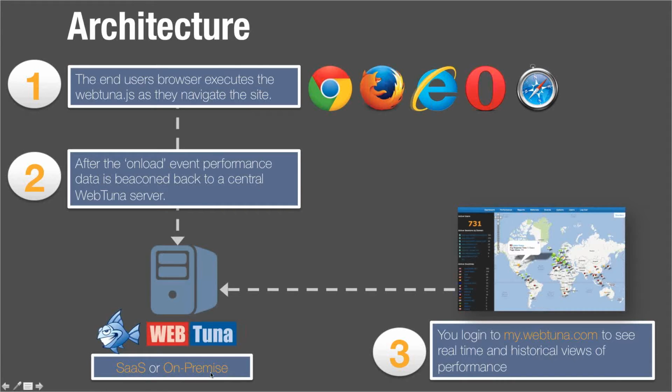And like Microsoft, we have both software as a service and on-premise options for that WebTuna server. To view the data, you just log into the portal and we have real-time information, so the data that comes through you can see straight away as users are navigating the site. But we also have historical views, where you can look at performance trends over the last day or week or month.